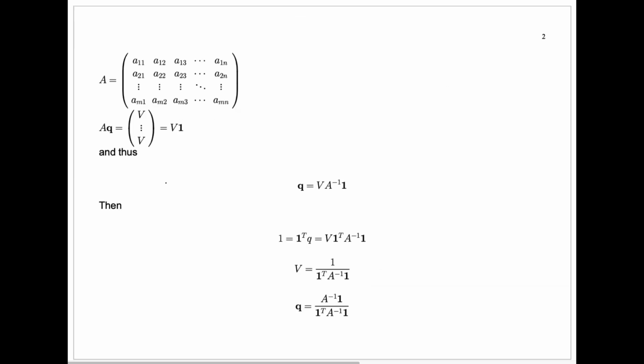Again, I've shown you here, just for reference, our matrix A, and we're going to need one little nice notational thing. If we take A and multiply by Q, we get this column vector V, V, V, all the way up to V, all V's, an n by 1 column vector with all V's. Why is that?